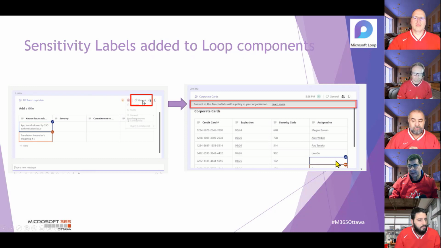And if you try to add a type of content that is not allowed with your DLP, you'll get a sign that you're not allowed to use this in the label. So my guess is eventually the retention labels will be there too. I haven't tried, so maybe next time I do the session, I will try to see if we can apply a retention label onto this. But I didn't see any announcement on that part.